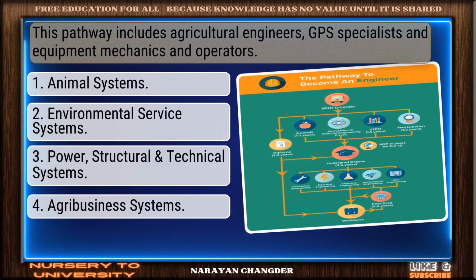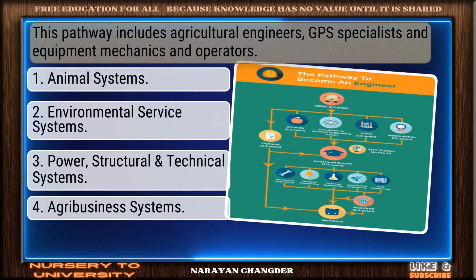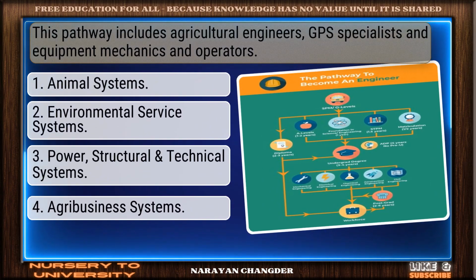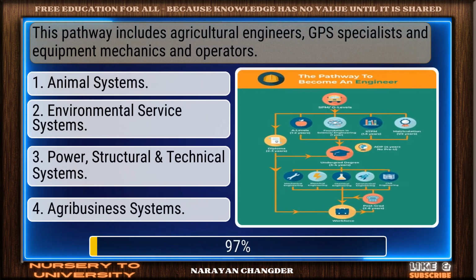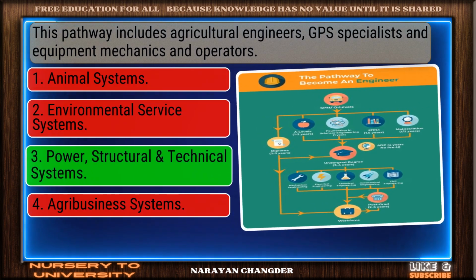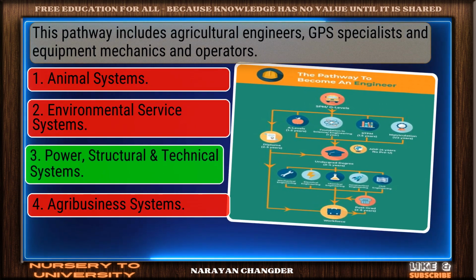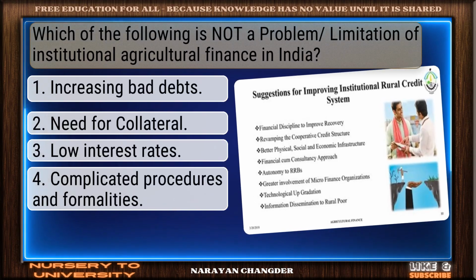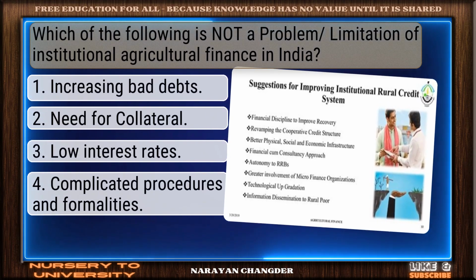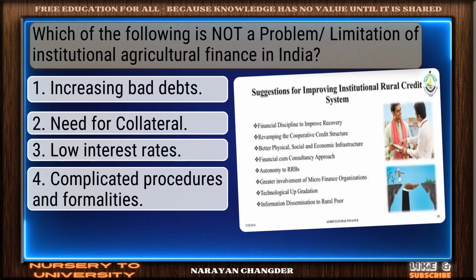This pathway includes agricultural engineers, GPS specialists, and equipment mechanics and operators. Right again. Power, structural and technical systems is a valid answer. Which of the following is not a problem limitation of institutional agricultural finance in India?